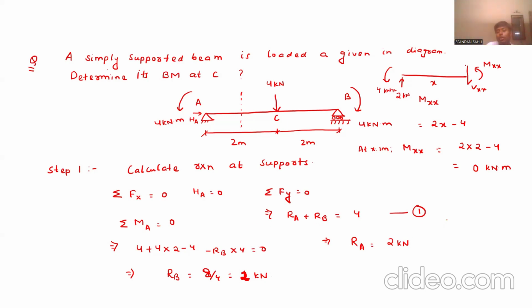So if you want to draw the bending moment diagram, it will come somewhat like this. So this is your beam. This is the load. This is the moment. So your bending moment diagram will come something like this. Minus 4 to 0 and so negative.